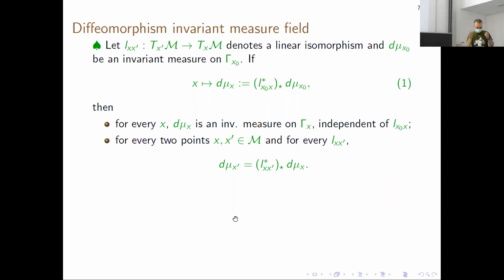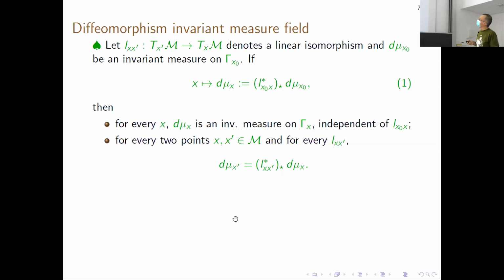So now I would like to construct a Diffeomorphism invariant field using this measure. Suppose that this Lxx prime is any linear isomorphism between these two linear spaces, and I choose any point x0 of the manifold and any invariant measure on this set gamma x0.